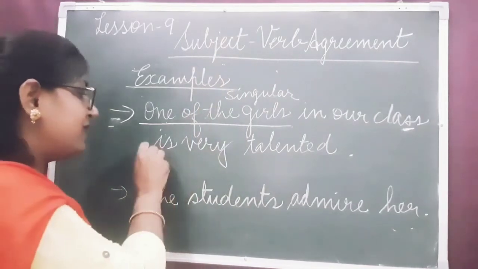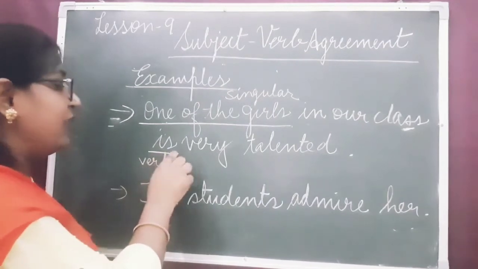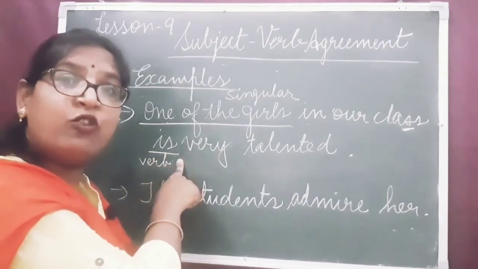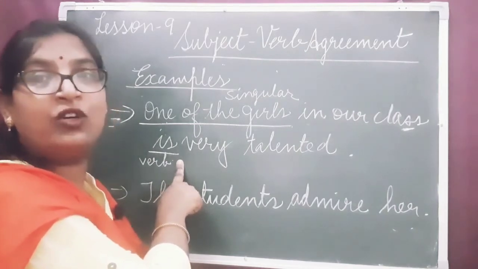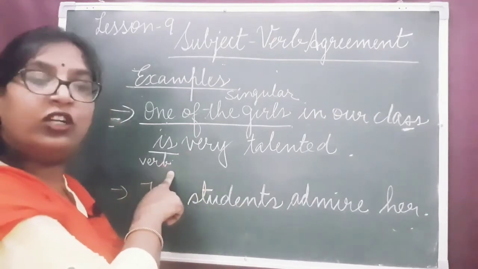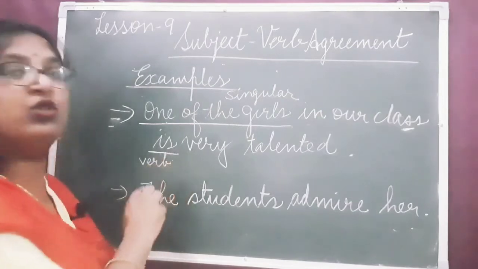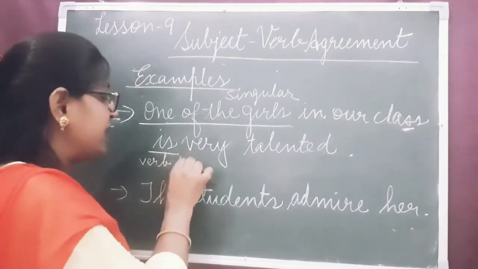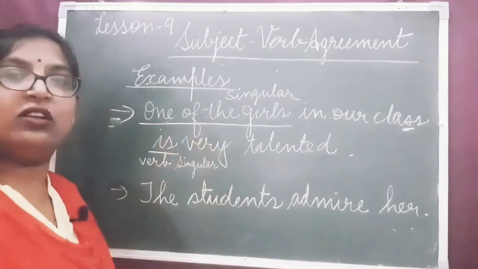The verb is 'is'. And what kind of verb is it? It is the form of the be verb we studied. Already we studied the action verbs and verbs of being. So, it is the be verb, and that is also singular in number. The verb is also singular.